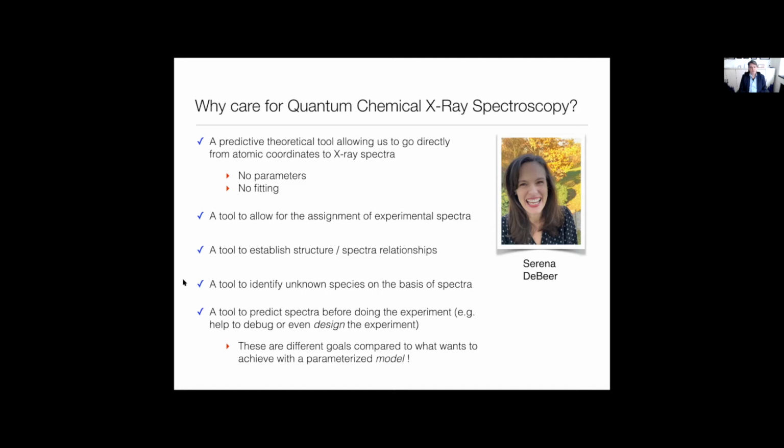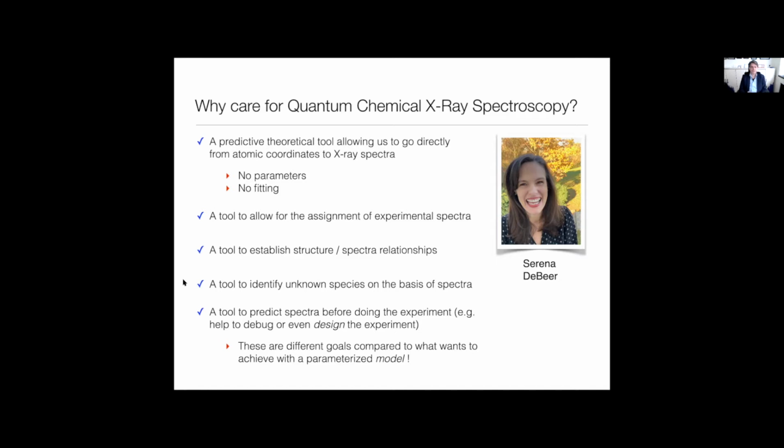And I want to emphasize that these are different goals compared to what one wants to achieve as a parameterized model, like the multiplet model. These things are complementary to each other. They're not in competition to each other. And that is also why Dimitrios will tell you later what he has developed lately, which is a quantum chemistry assisted multiplet model, where you can use the quantum chemistry to predict the parameters of the multiplet model, and then you have a standalone multiplet program that you can run these models through.